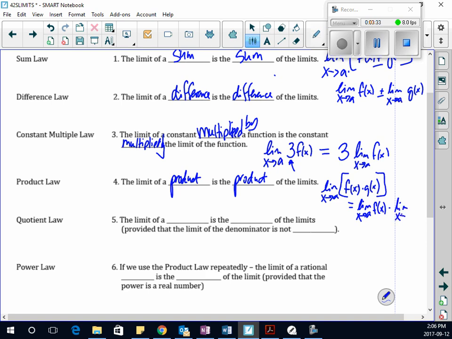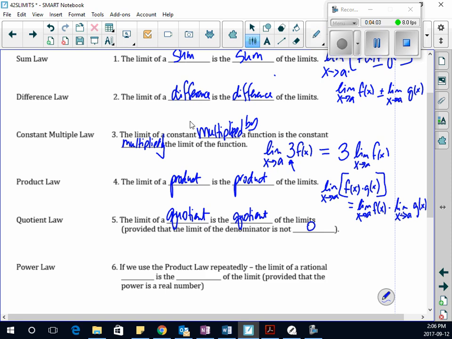The next one will be division, so I'm not going to write that one out. But essentially, if you have a quotient, you can find the limits separately, provided that what? When you're dividing, what do you have to watch out for? That the denominator does not equal 0, right? If the function value is 0, then you can't actually calculate it.